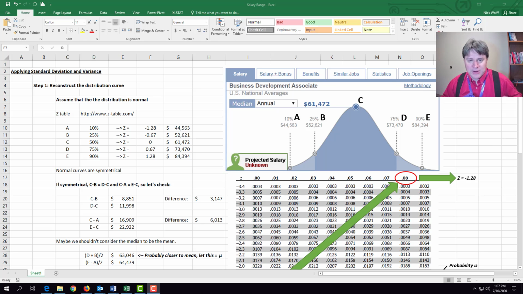So piggybacking on our last discussion about variance and standard deviation, let's suppose either your boss or supervisor, or maybe you as a business owner, is considering hiring some sales professionals to help do some of the promotional activities of your business. Maybe you don't have a lot of capital.